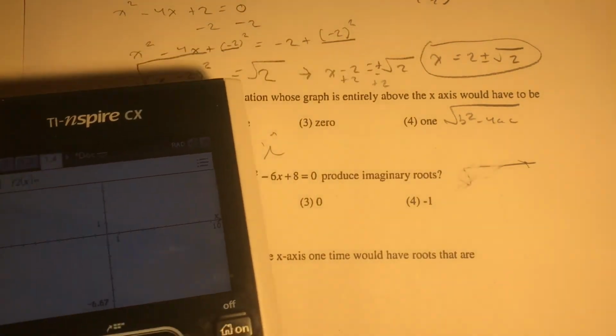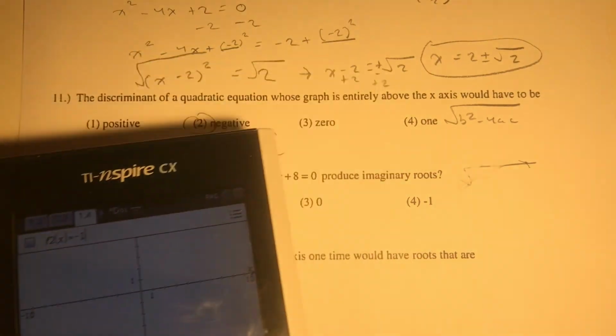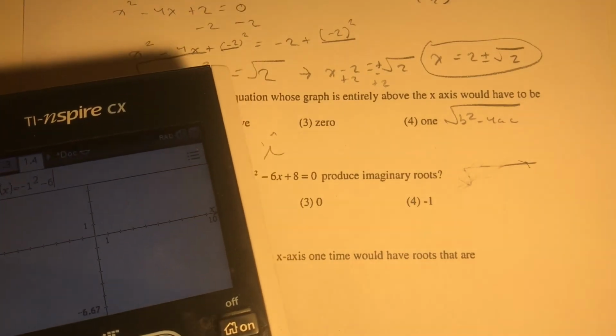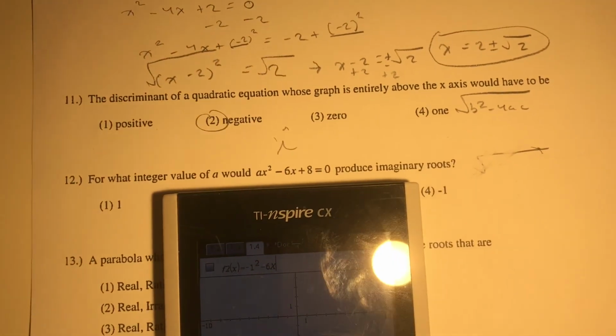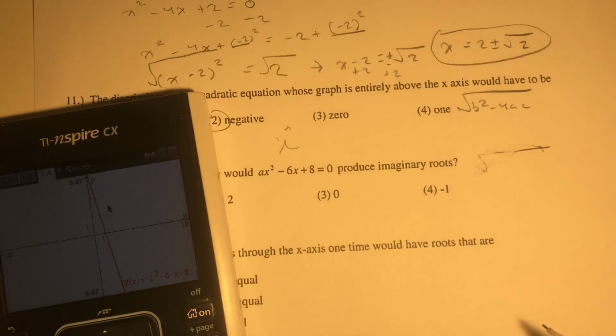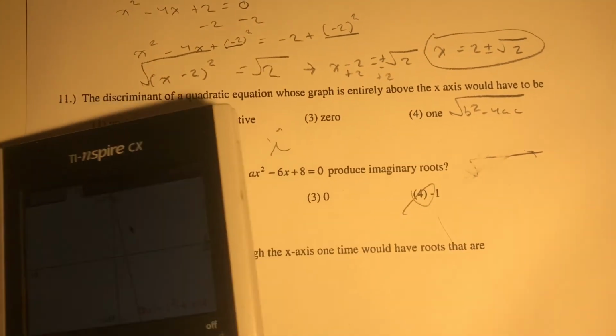So we have ax squared, let's use negative 1. Negative 1 squared minus 6x plus 8. Okay, so obviously that makes something, so I'm going to cross that negative 1 out. That's not one of the answers.